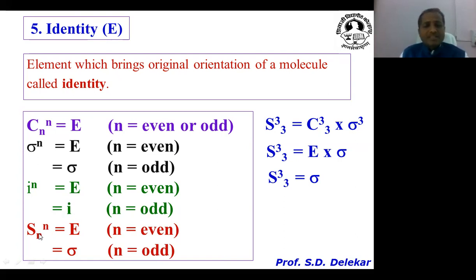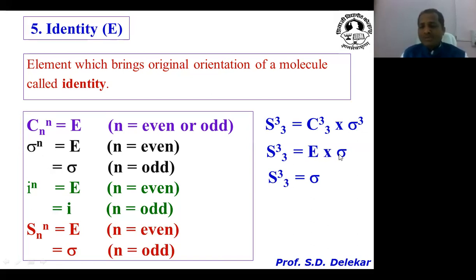And in the case of Sn raised to n, it is equal to E when n is an even number, and for odd it is simply sigma. Why? Just one example: S3 raised to 3. One can write it in terms of C and sigma as C3 raised to 3 into sigma raised to 3. Then C3 raised to 3 is simply E, and sigma raised to 3 is simply sigma.